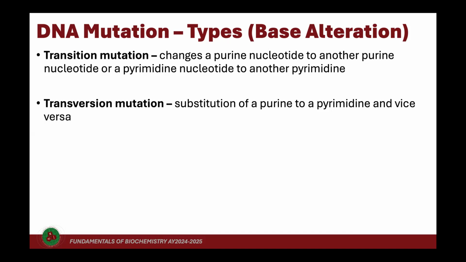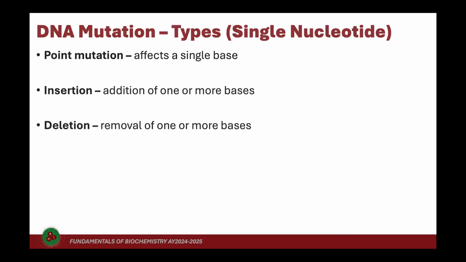So that's a transition mutation. Or if it is a C and then it's changed to T, that's a pyrimidine to pyrimidine transition mutation. And you have transversion wherein the purine is changed to a pyrimidine and vice versa. That's one type of DNA mutation.